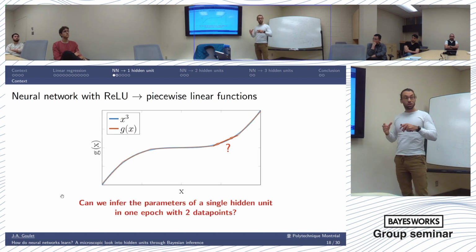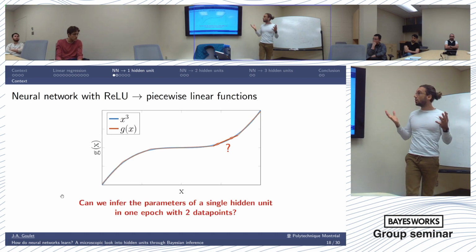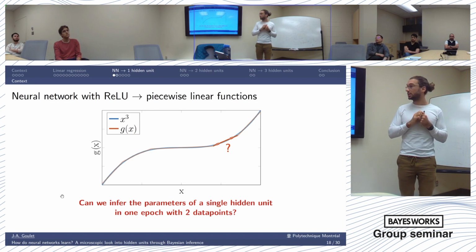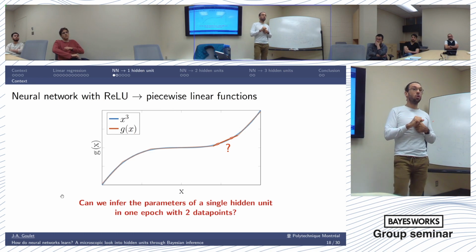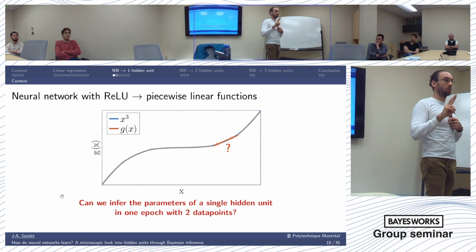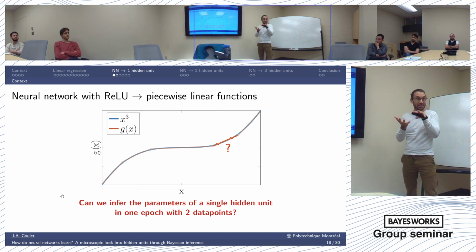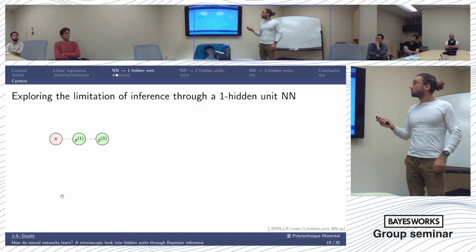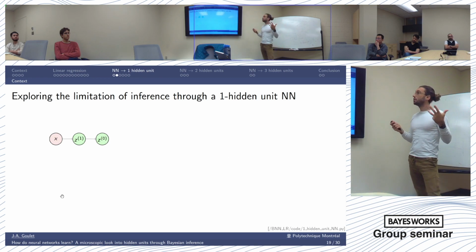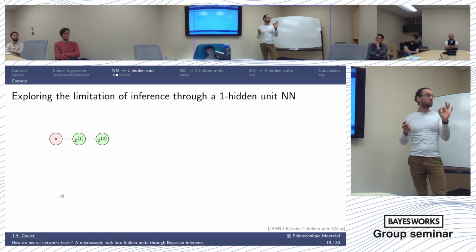Okay? The question, we're going to simplify this. Can we, using the same formulation as we have with TAGI, learn one segment using only two data points? Okay, but now we're going to pass this segment through an activation function. So we're going to explore this limitation of inference through a one hidden unit neural net.